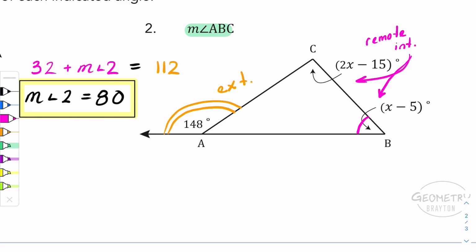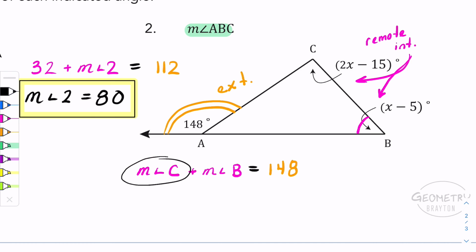So I know that my angle C plus the measure of angle B, which is ABC, is equal to my exterior angle, which is, I'm going to just list it out as 148 degrees. Now I'm going to replace the measure of angle C with the expression that's given for that angle.